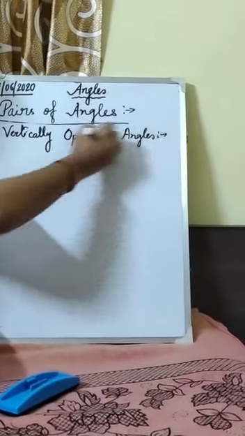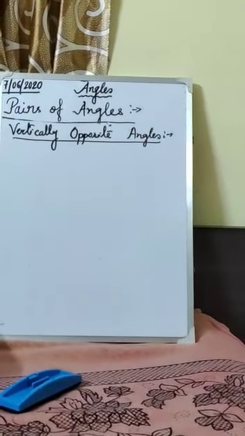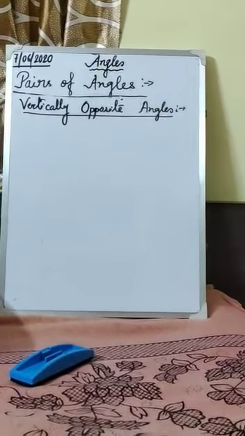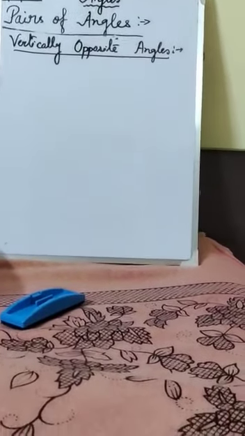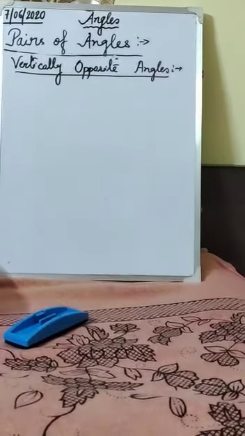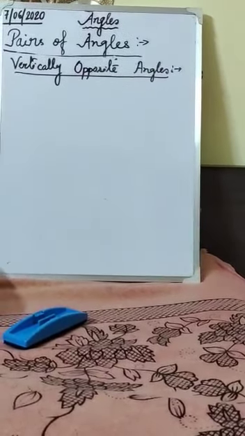Okay. Vertically opposite angles means what? When two lines cut each other at a point, then two sets of opposite angles are formed. Each of the two sets of opposite angles is called vertically opposite angles.